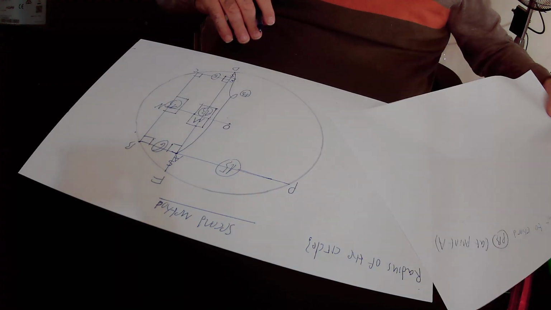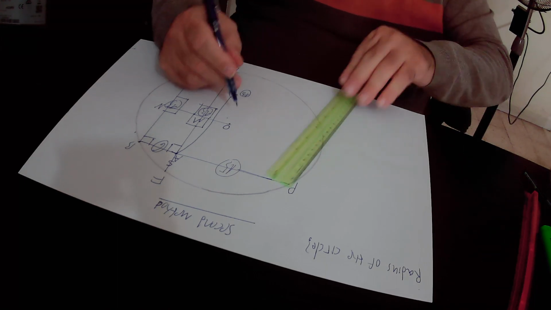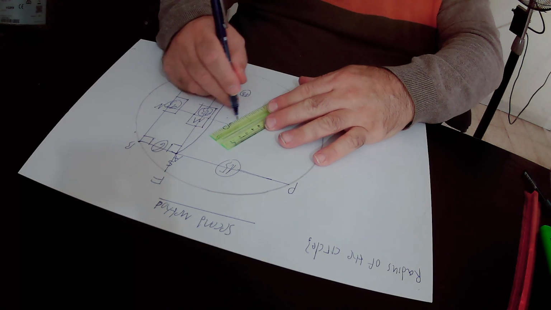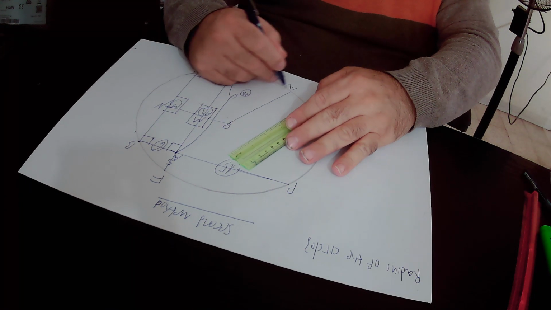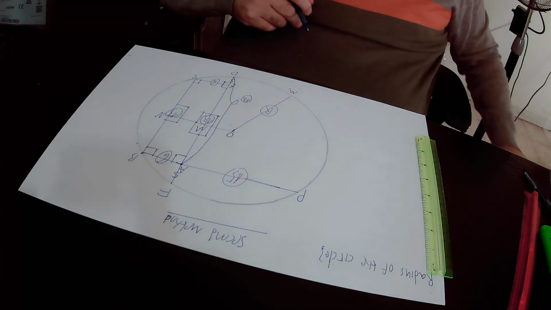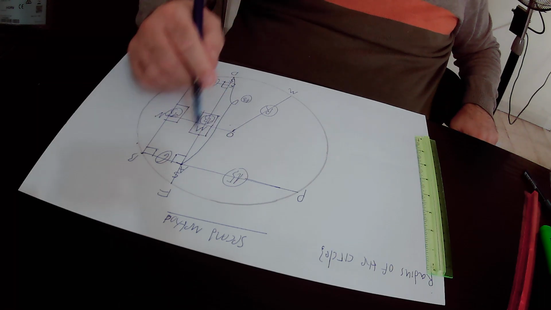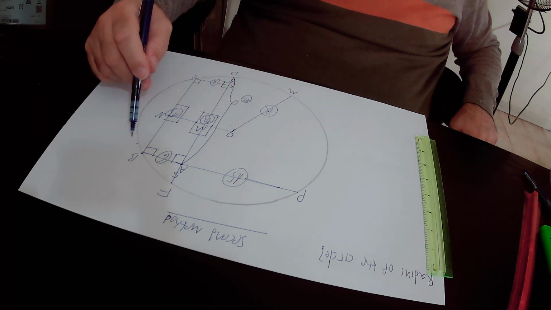So here we will define the radius of this circle as capital R. Here OM equals capital R according to our definition. So here we can implement rule number 4 because we have chord FD that is perpendicular to chord PB.